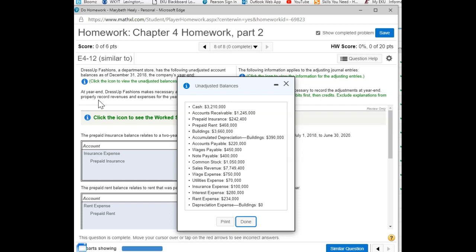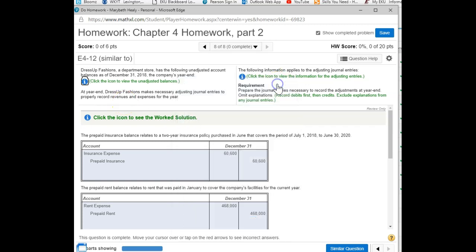That asset no longer has probable future benefit, right? So that asset has to be reduced to 0. So we're going to credit the prepaid rent by the 468, and what happened to that prepaid rent is it got used up and became rent expense. Okay, so in that one entry, we got the expense in the right period. The asset is down to the correct amount. We'll go on to the next one.